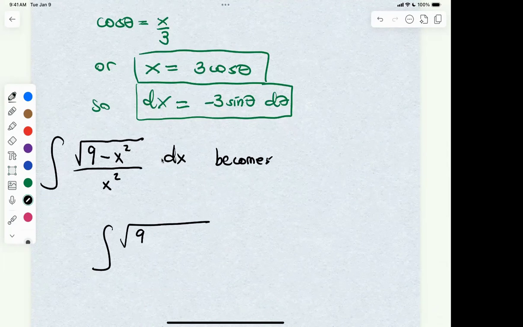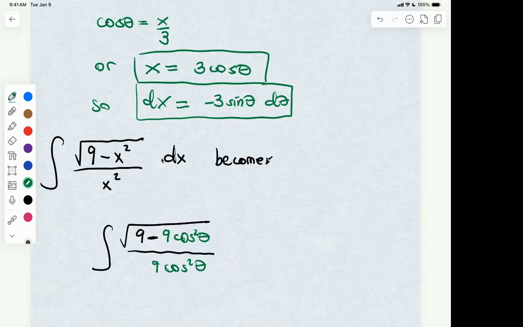What is x squared? X squared becomes 9 cosine squared of theta. And what is dx?